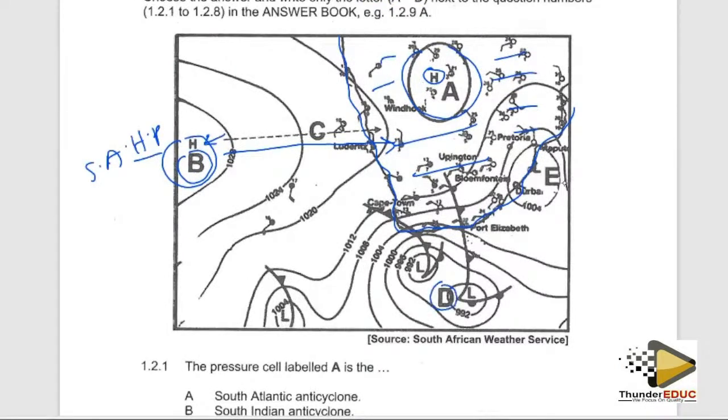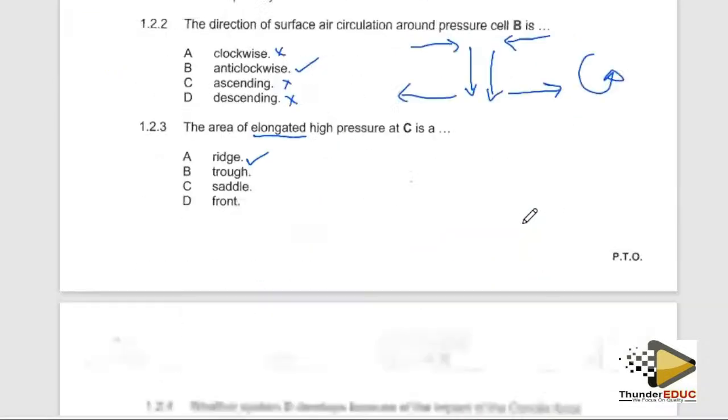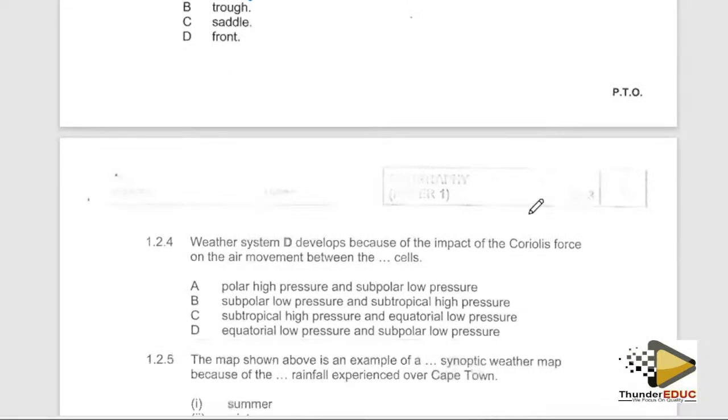And we know that it is a mid-latitude cyclone, because we can see the evidence of a cold front and evidence of the warm front, right? So if we check again the question, it says weather system D develops because of the impact of the Coriolis force on the air movement between dash cells.